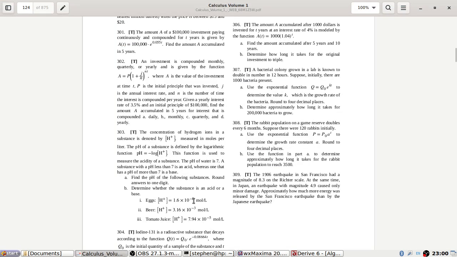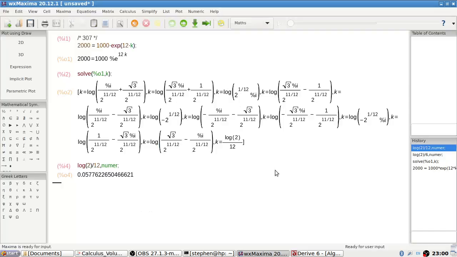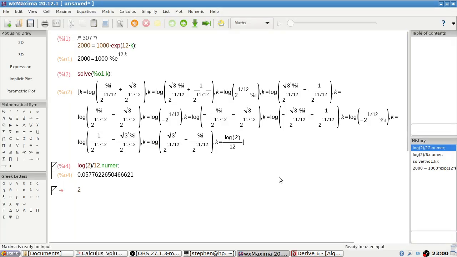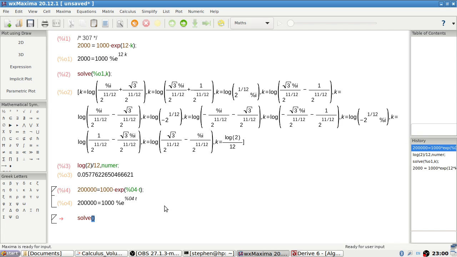And then how long to get 200,000? Okay, so we have 200,000 equals 1,000 times exponential, and then I'll use the full number, percent o4, times t. And then I want to solve that last one, percent o4 for t.